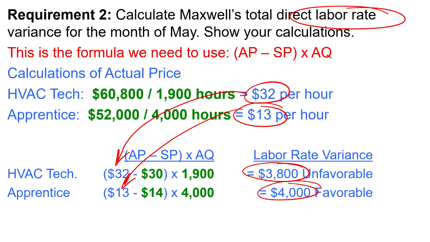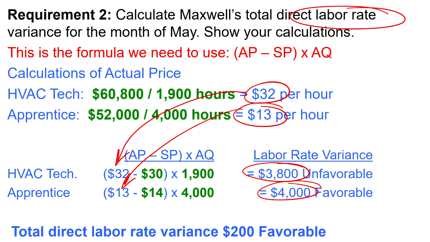So when we're calculating the total direct labor rate variance, even when there's more than one input, we're simply calculating that labor rate variance for each input separately and then adding them together. So a $3,800 unfavorable and a $4,000 favorable gives us a $200 favorable total direct labor rate variance. Now, we can see here that we paid the HVAC technicians too much.